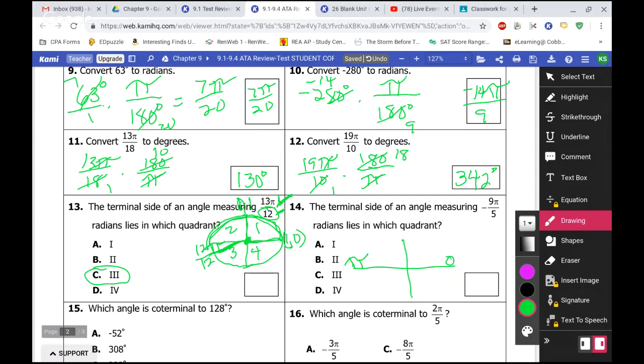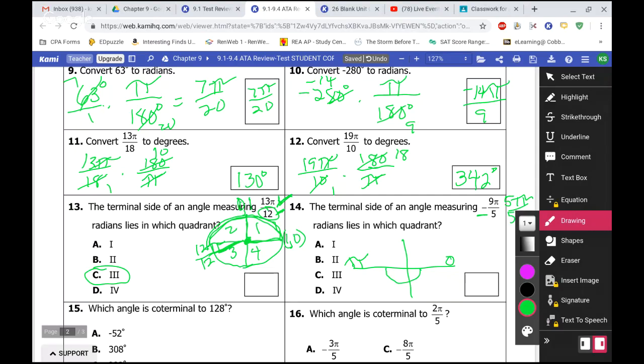Sure. If you wanted to do that, you definitely could. Just to make sure that it works, negative 324 would be how it flipped into the next one. And on the unit circle, negative 324 would be back in quadrant 4, right? For this next one, number 14, you're going negative. So on this one, this would be 5 pi over 5 to get me to here.